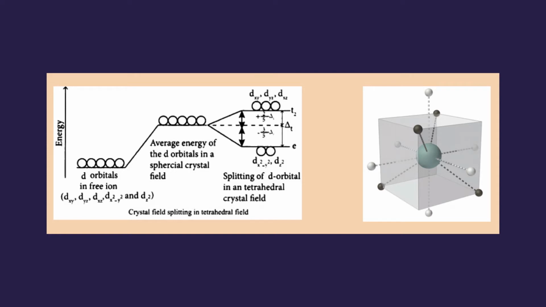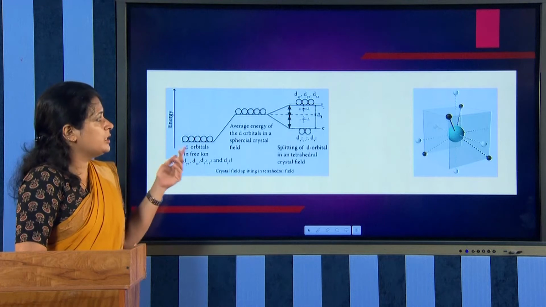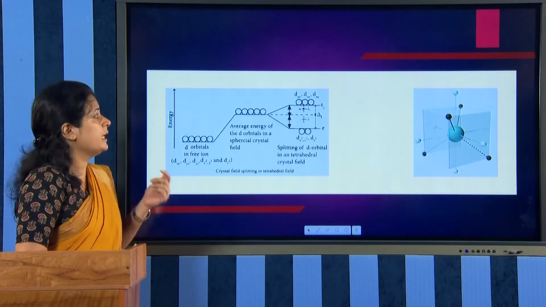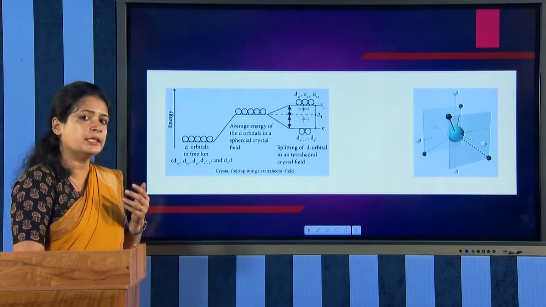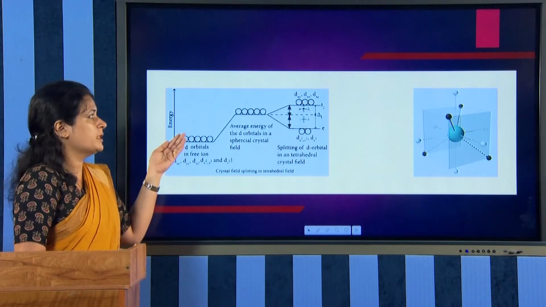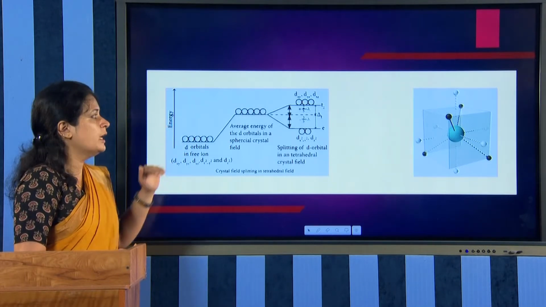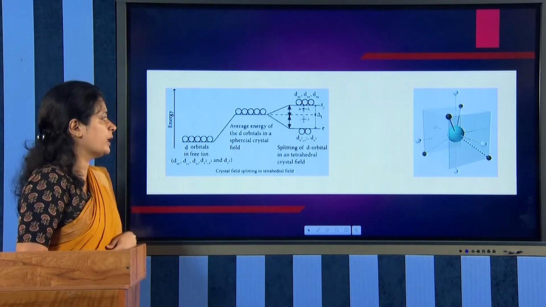We have 2 E orbitals, which in the octahedral field you have seen as eg. They were dx square minus y square and dz square, and T2 will be 3, that is dxy, dxz and dyz. The T2 orbitals will be having greater energy and E orbitals will be having lower energy.